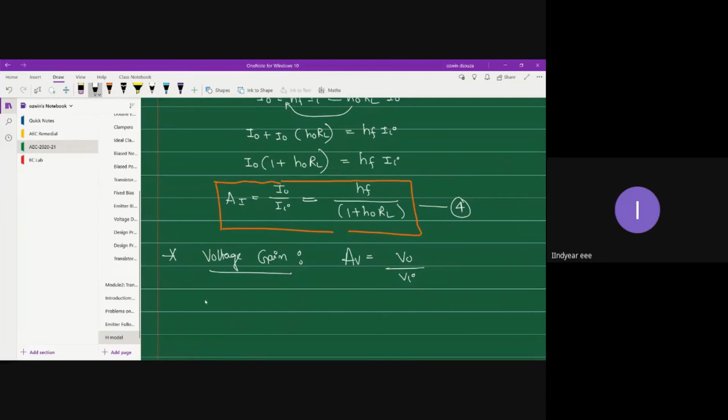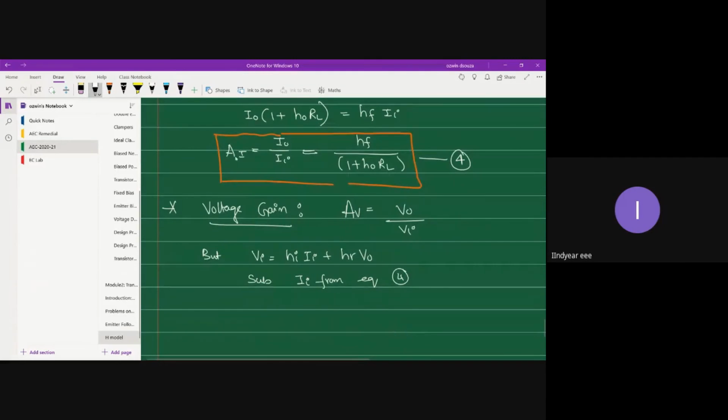But we have a ready-made equation for input voltage, right? That's from the h-parameter model. Vi is Hi Ii plus Hr V naught. So what we can do is substitute Ii from equation 4. What is it?